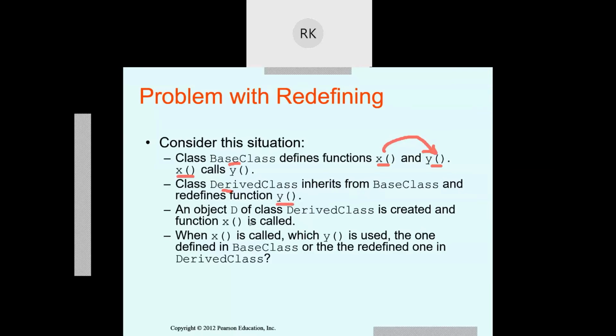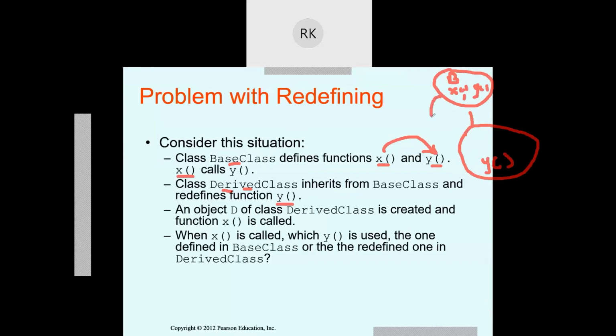So now the derived class has two y's. It is something like this: base, with x function and y function. These two functions are here. Now a child class is derived from this one, and this redefines the y function again.